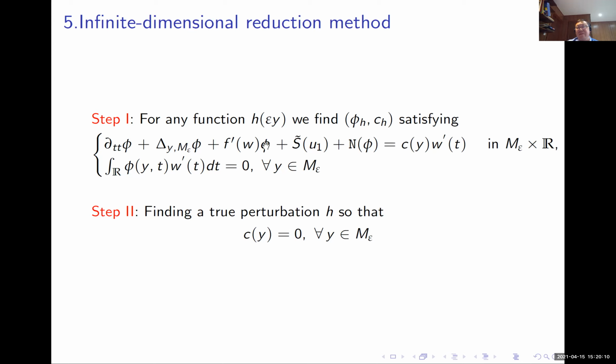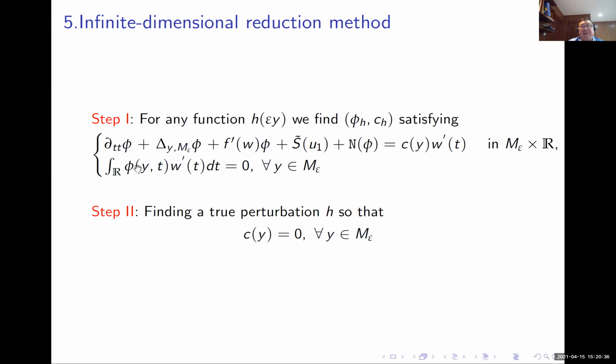So these are infinitely many orthogonality conditions. This is the first step: we want to solve this problem. Then in the second step, once you solve this problem, this is no longer constant; it will be a function. You want to make this function equal 0, so you want to find a true perturbation h so that this becomes 0.